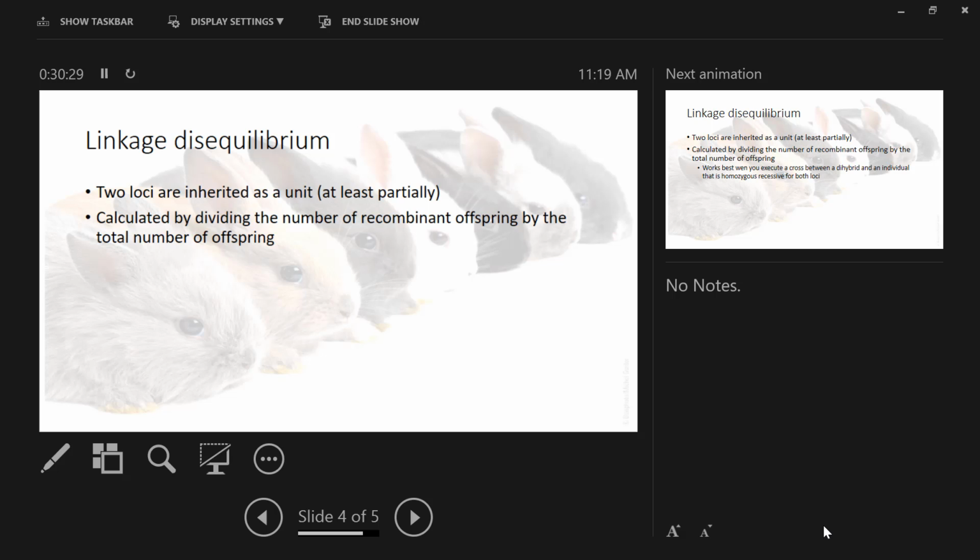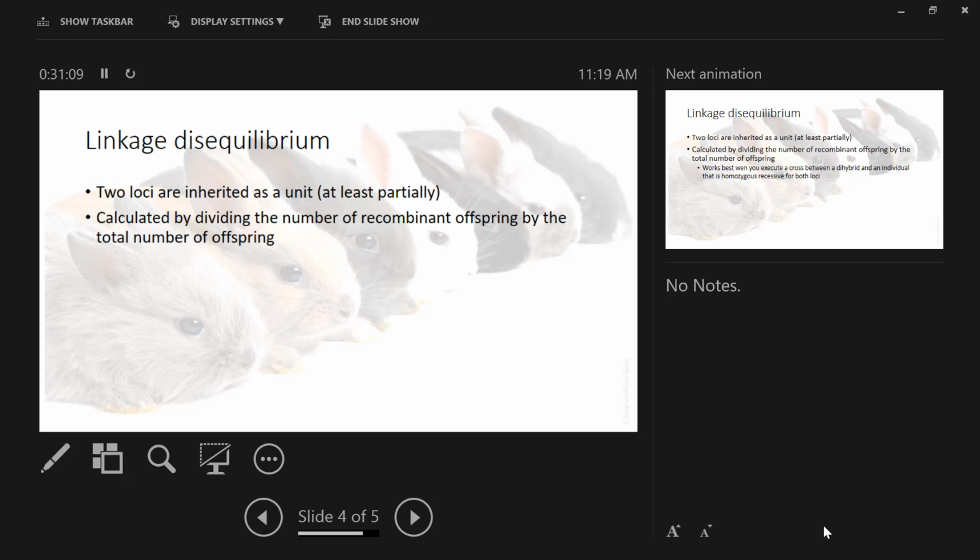A recombinant offspring is one formed by a gamete that represents independent assortment between two loci. This is as opposed to our parental offspring, in which they inherited those two loci as a unit from one of their parents.